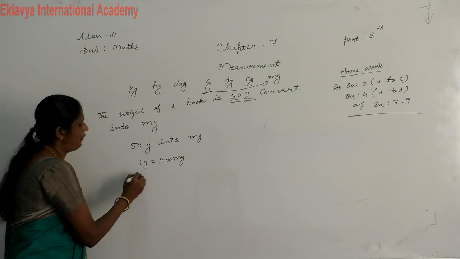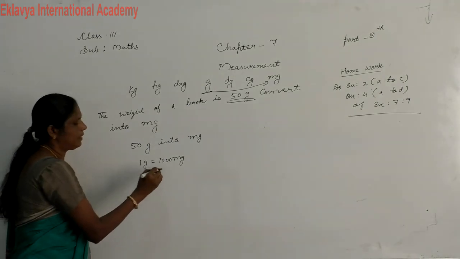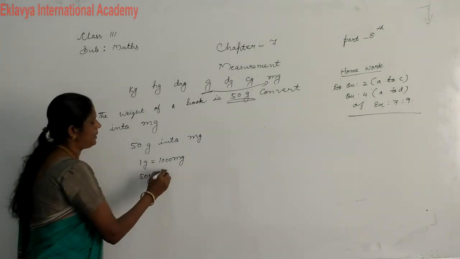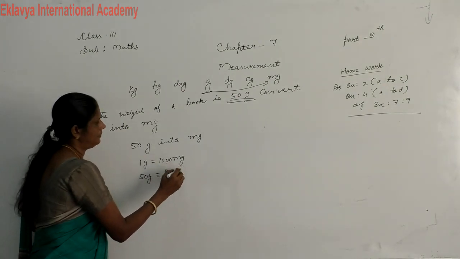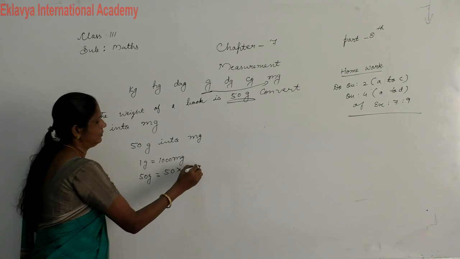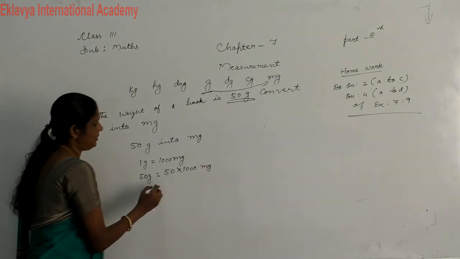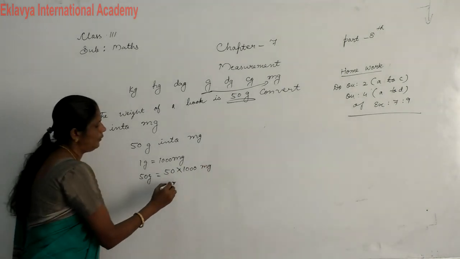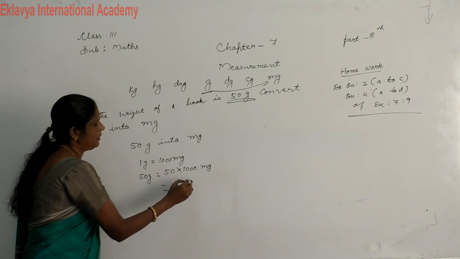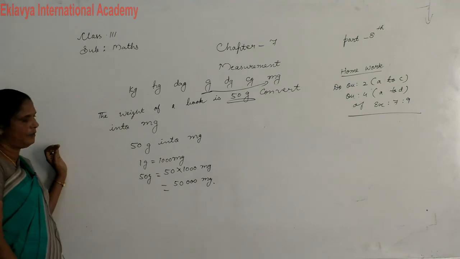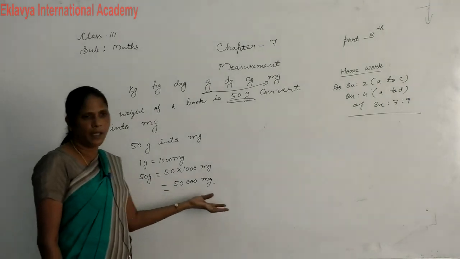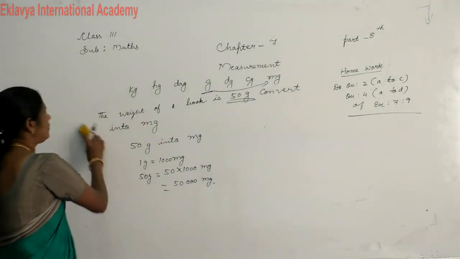Then 50 gram is equal to 50 into 1000 mg, which is equal to 50,000 mg. Answer is 50,000 mg. Then another question.